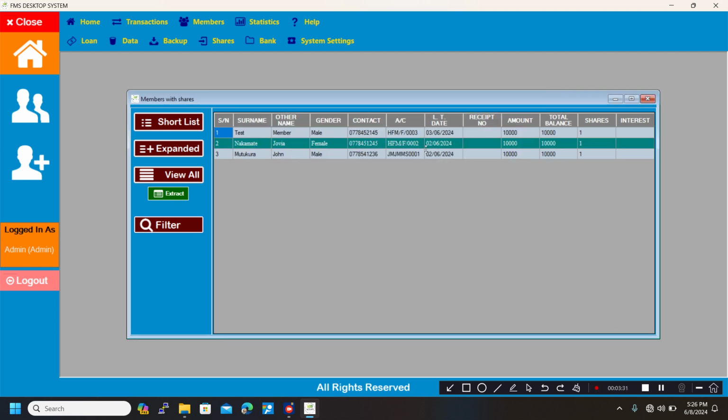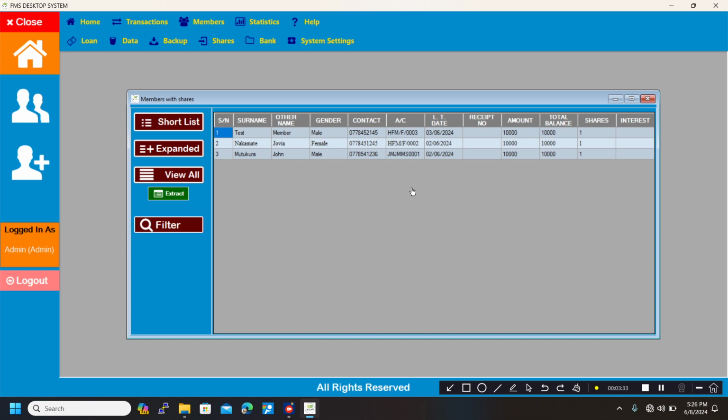Each share is at 10,000. Or you could as well go to settings and change this value according to your circle, that our share is this. So we are going to see how to change that.